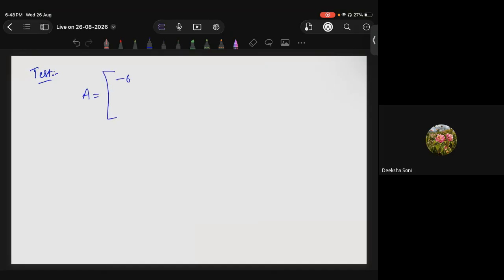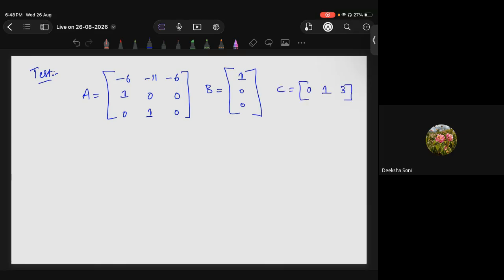I'm giving a 3 by 3: minus 11, minus 6, 1, 0, 0, 0, 1, 0. B is equal to 1, 0, 0. C is equal to 0, 1, 3. Check both controllability and observability.